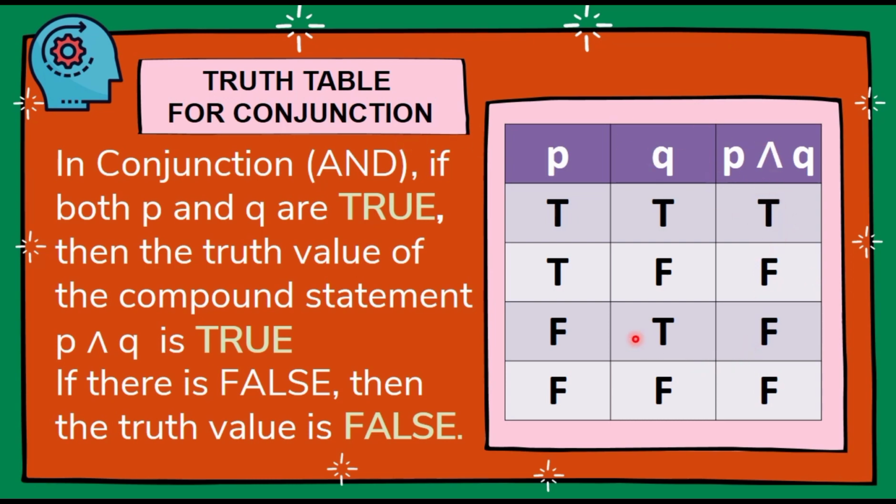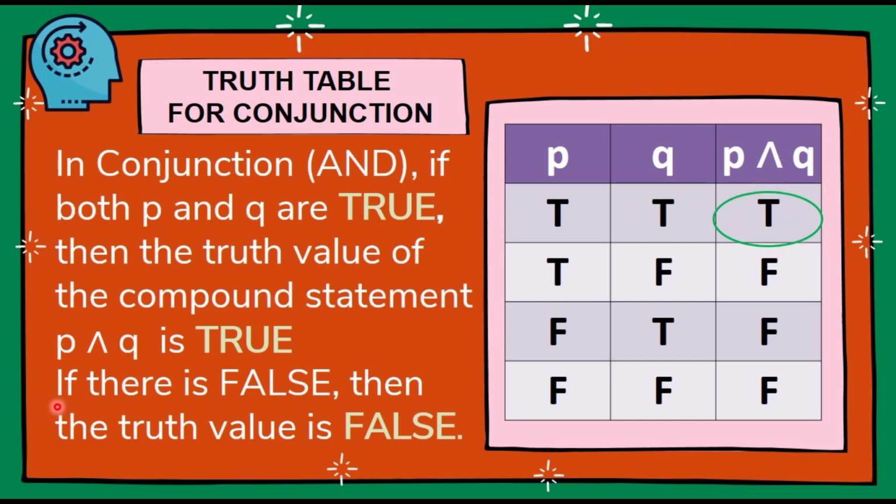So, we have to understand the rules. In conjunction, if both P and Q are true, then the truth value of the compound statement is true. So, if you see two true values in propositions P and Q, automatically it is true.